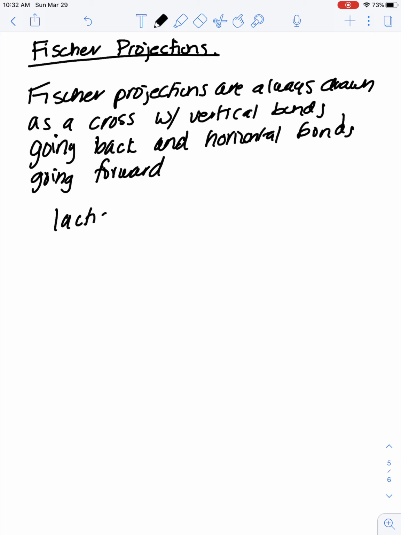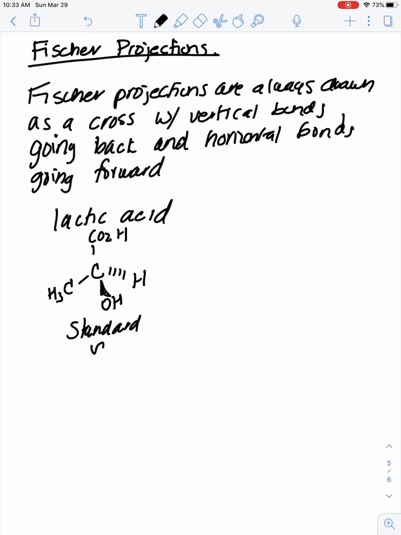So let's look at lactic acid. If we draw the standard view, which all of you are used to now, we have something that looks like this. So we'll call this our standard view. What is this going to be equal to if we're writing the Fischer projection? Imagine pulling this methyl group down in this direction, and you think about flattening the OH and the hydrogen.